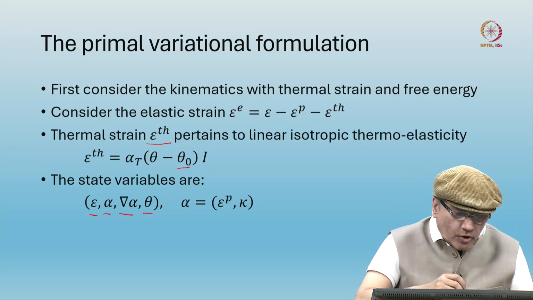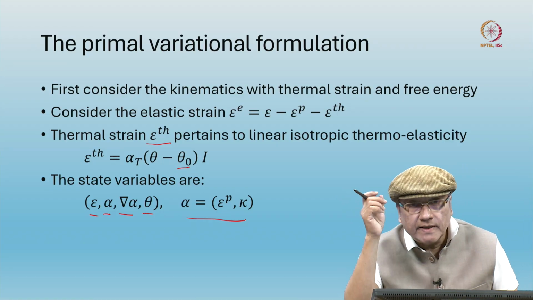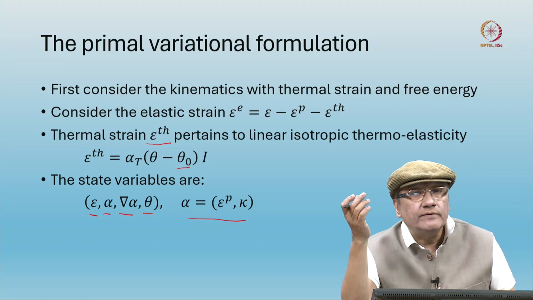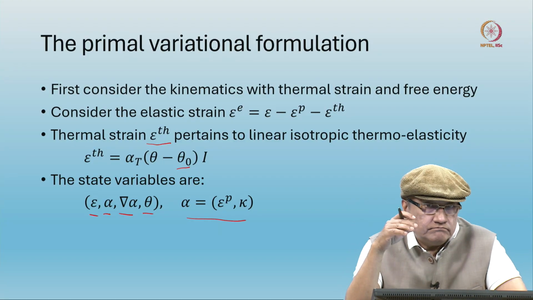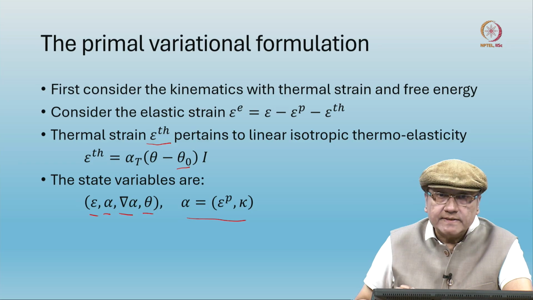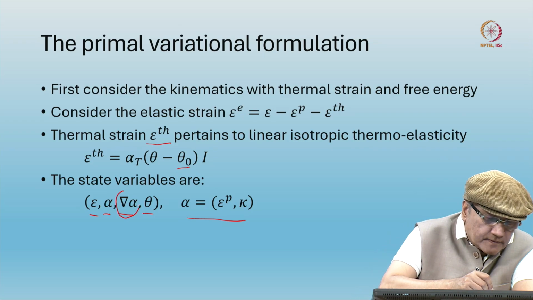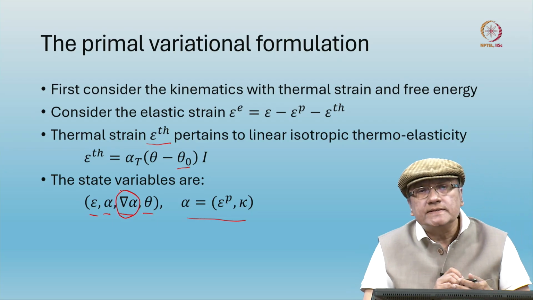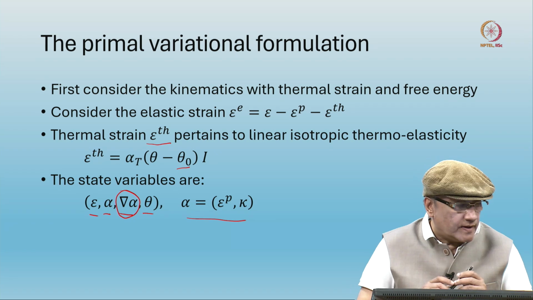Recall that alpha consists of two quantities, one is the plastic strain and the other is the hardening related variables, kappa. So this is basically the setup. The only difference here is that we have an extra grad alpha term, otherwise it is more or less the same as the kind of viscoplasticity formulations we have been discussing so far.